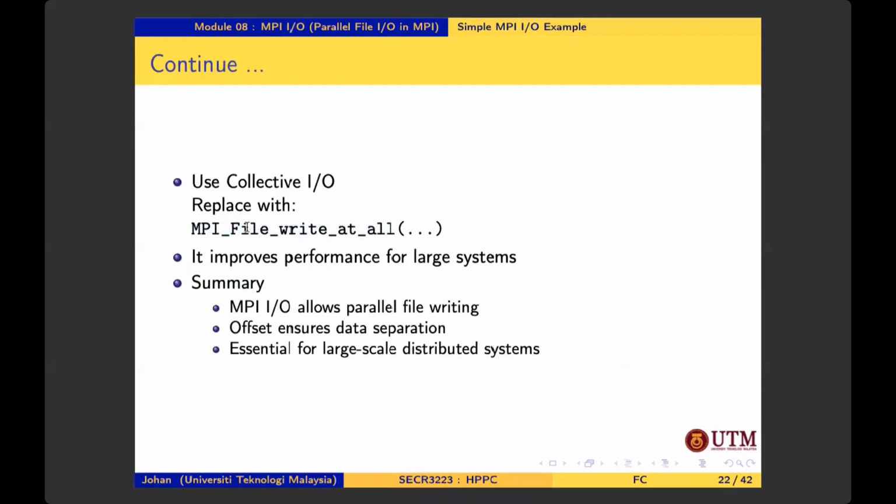This function we already introduced at the beginning. Use that, and this will improve performance for a large system, that's for sure. So, summary: MPI I/O allows parallel file writing, offset ensures data separation, and it is essential for large-scale distributed systems.